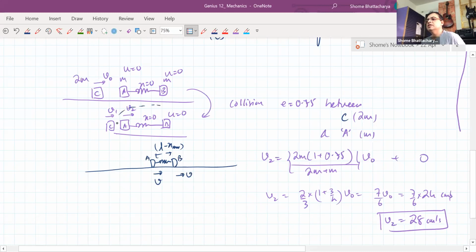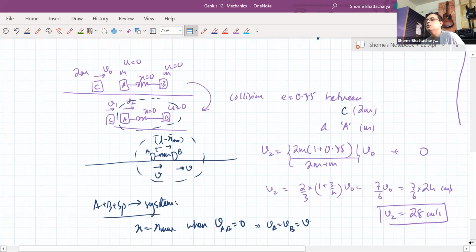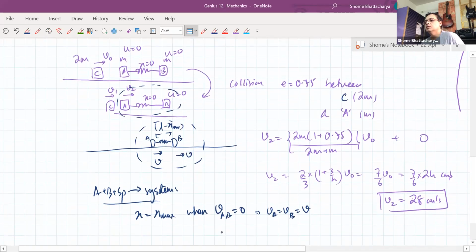So between this state and this state, for A plus B plus spring as a system, x is equal to x maximum when the velocity of A with respect to B is 0. So let us say VA is equal to VB equal to V. Now they are equal masses, so V will obviously be half of this. So M into V plus M into V should be equal to M into V2, which was the initial velocity before this. So we have V is equal to V2 by 2.